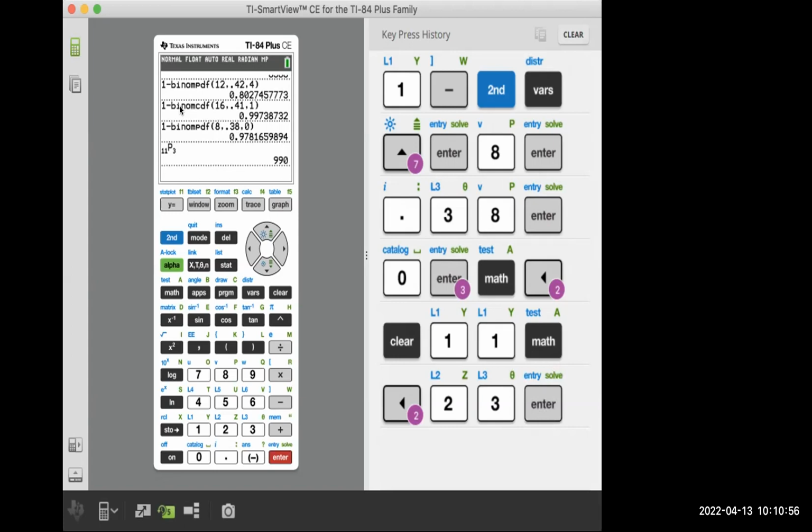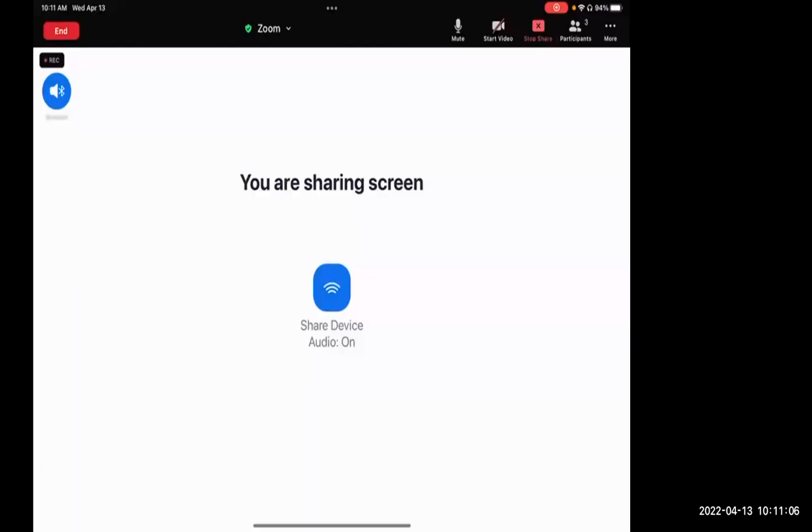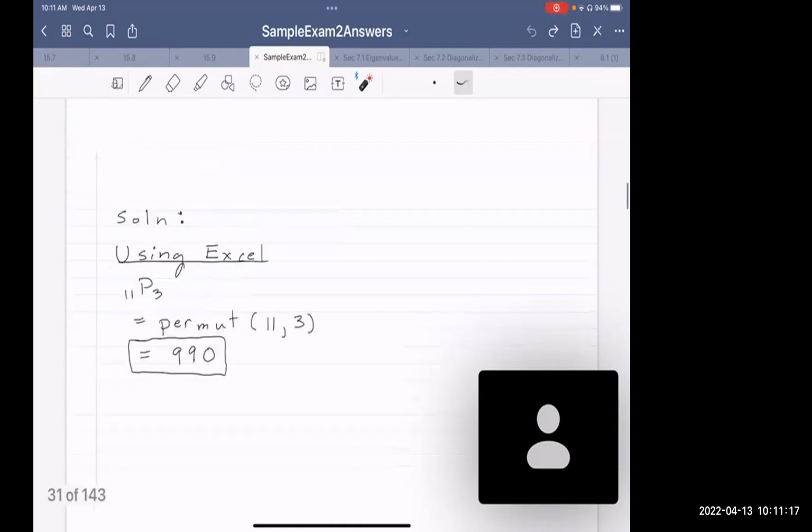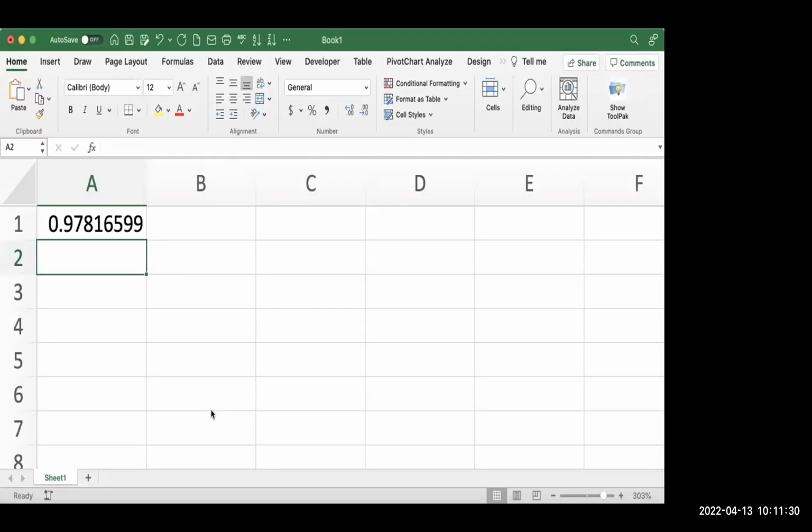Okay, so let's put that number into my laptop. And so I have here that inputting 11 P 3, I get 990. I could also use Excel to do this. And so with Excel, I'll be using the command permute 11, 3. So let me do that.